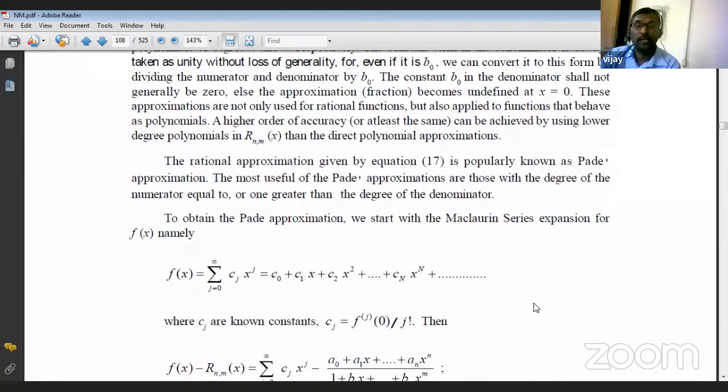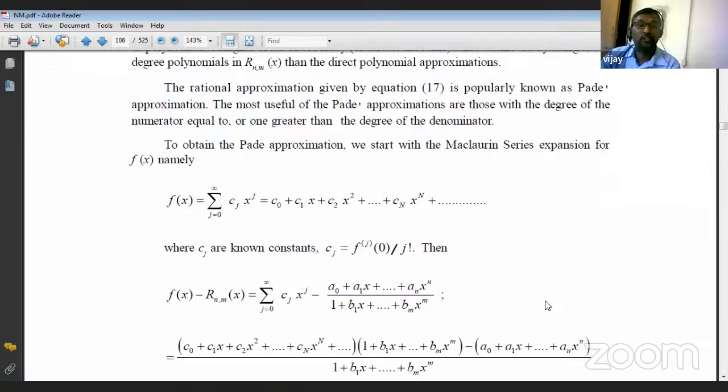For the Padé approximation, the Maclaurin series of f of x is the summation of Cj x^j, that is C0 plus C1 x plus C2 x squared plus C3 x cubed and so on up to Cn x^n, where Cj are known constants, Cj equals f^(j)(0) divided by j factorial.